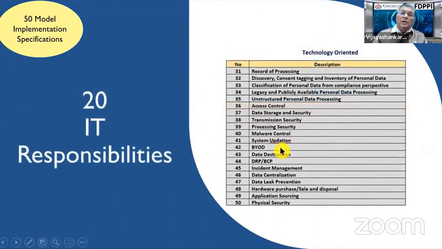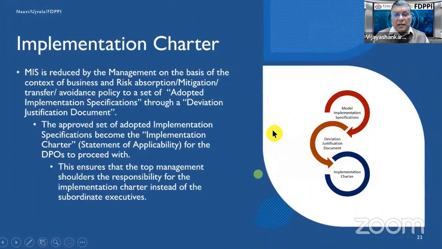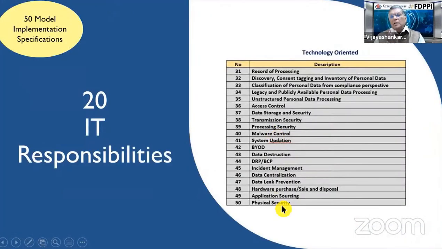Then we come to the technology department, which is currently the repository of all data protection responsibilities. But here we have tried to bring all those responsibilities within about 20 implementation specifications, starting with the record of processing, then data leak prevention, DRP, including system patching, malware control, processing security, transmission security, and so on.